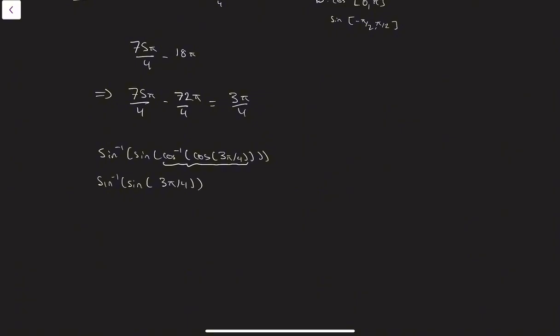Great. Now, what is the domain of sine again? The domain is between negative pi over 2 and pi over 2. So let's see where we are quickly on the unit circle. We're at 3 pi over 4, which is here, and we need values within this domain.